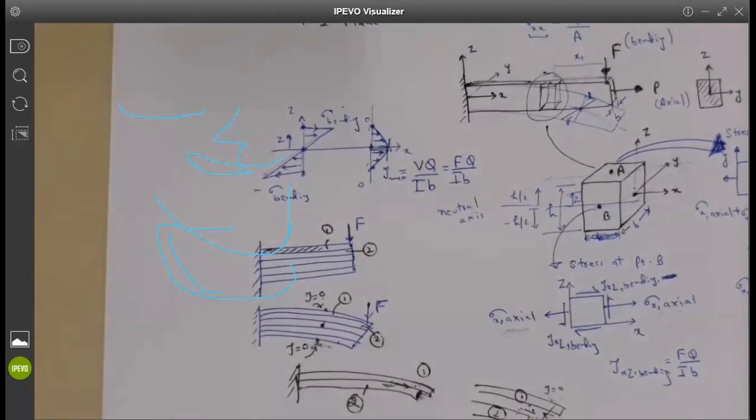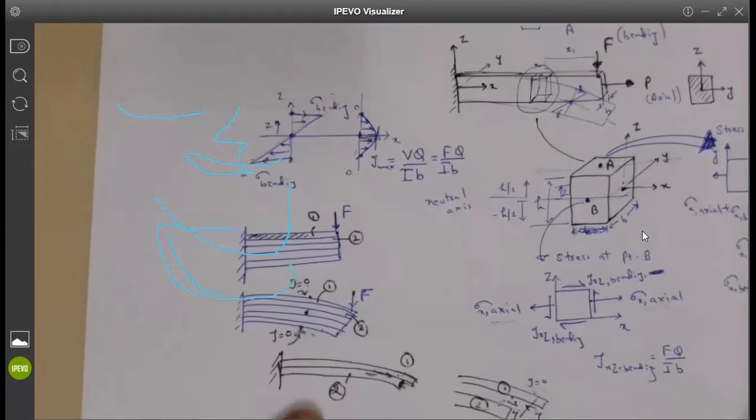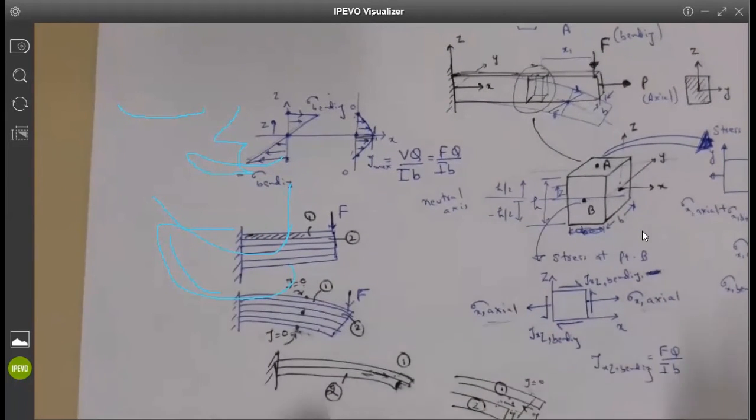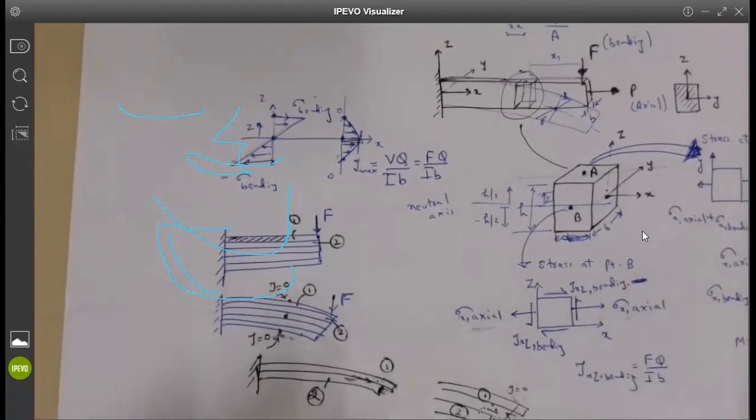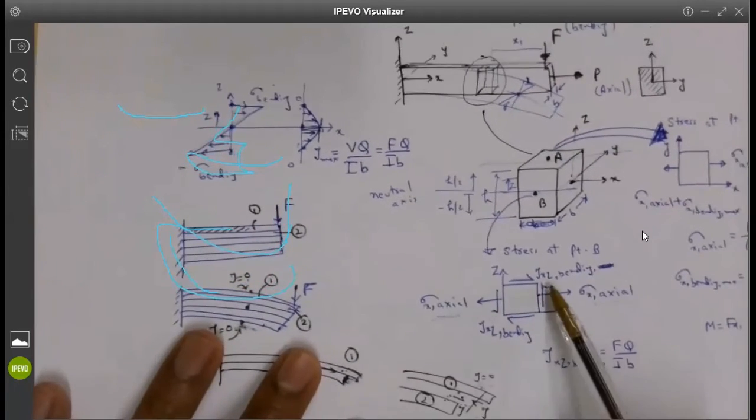I'm sure you must have done that in your 373, but if not, then it's okay. You have to basically do some numerical problems and you will understand. But let me ask all the class, are you getting the origin of these stresses now?